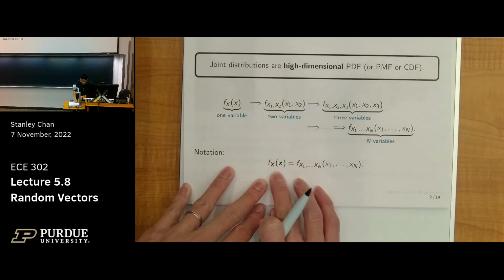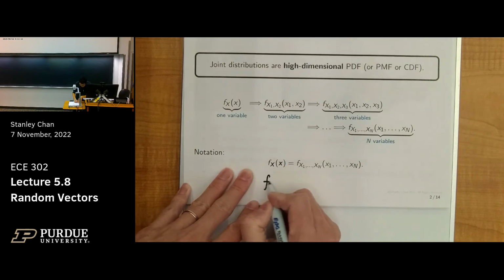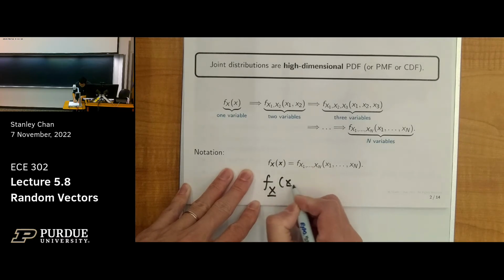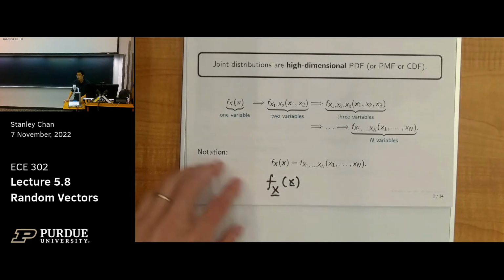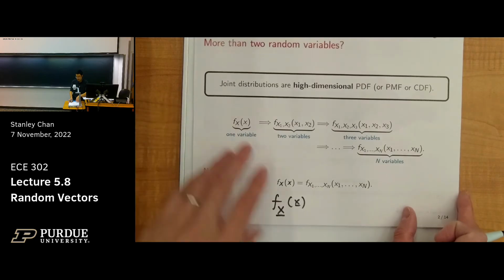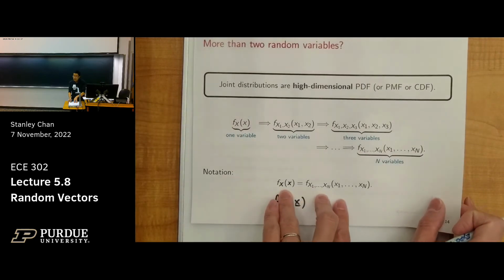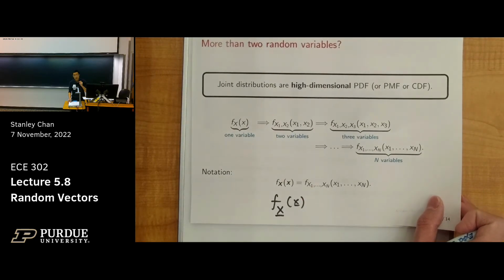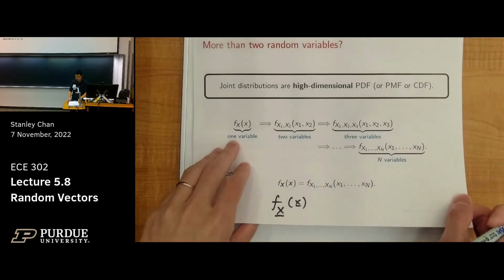On paper, a computer can type it as the bold vector. If I write it using my pen, I will just put an underscore to denote that this is a vector. A vector will contain n elements. So you have n random variables in this array, and then you have n states coming together.